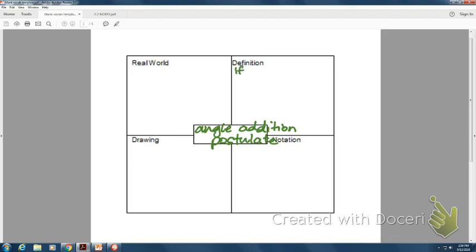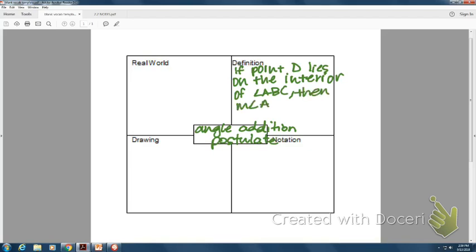If point D lies on the interior of angle ABC, then the measure of angle ABD plus the measure of angle DBC equals the measure of angle ABC.